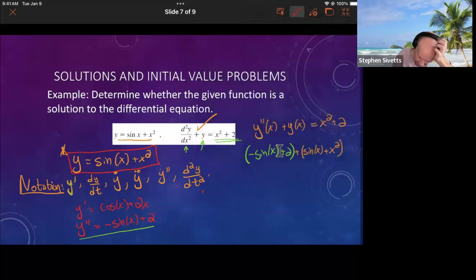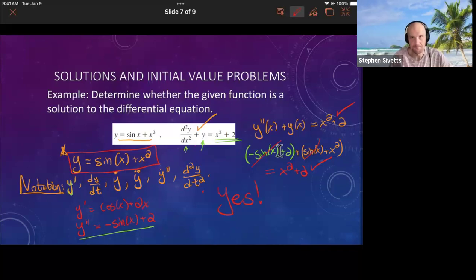What's cool about this is that the negative sine of x terms cancel, and then we have our result, x squared plus 2. So yes, it's a solution to the differential equation. Hopefully that made sense.